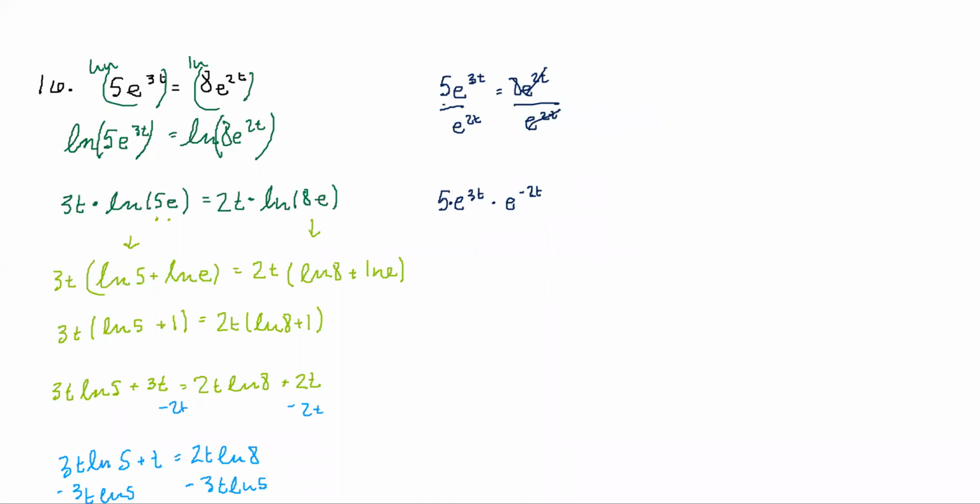What is the rule for the exponents in this setup? When you're multiplying, what do you do to these? You add them. Yes. So what would I end up with? I would end up with 8 is equal to what? 5e to the t. Exactly.